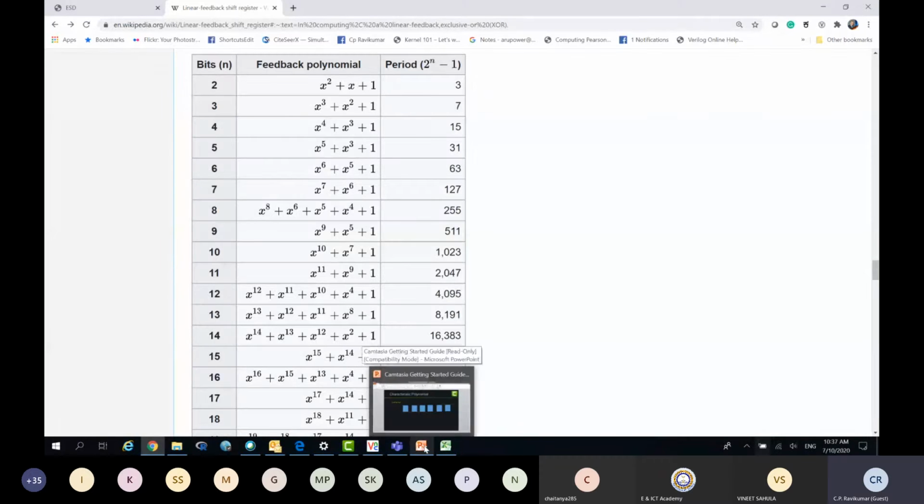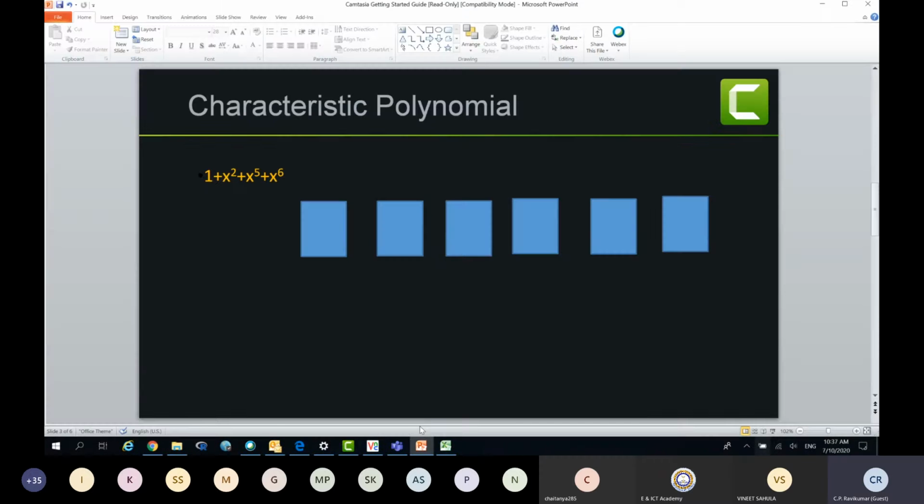Now, where else is the LFSR useful? I was telling you about these communication circuits. So let me redraw this a little bit.